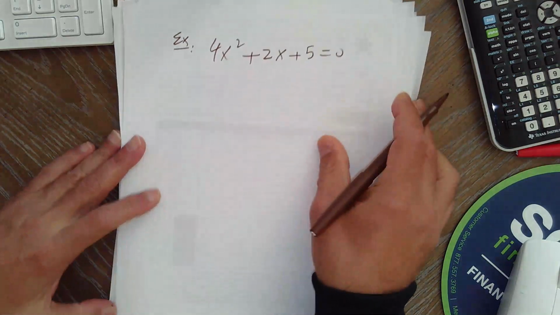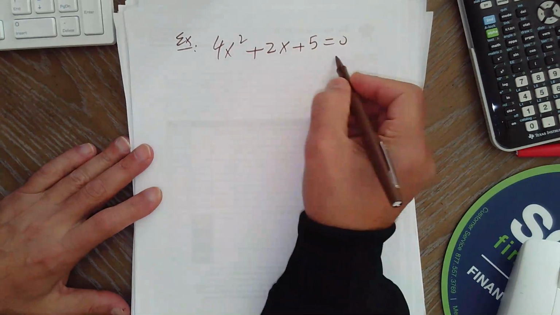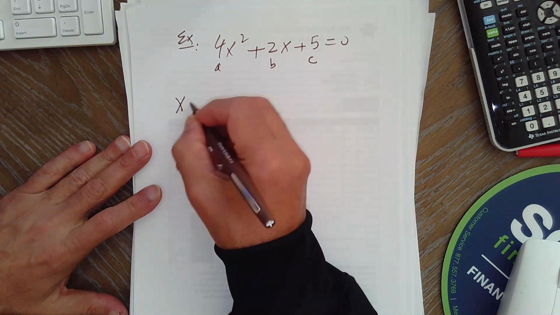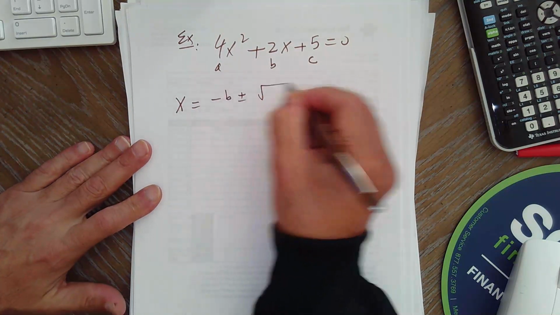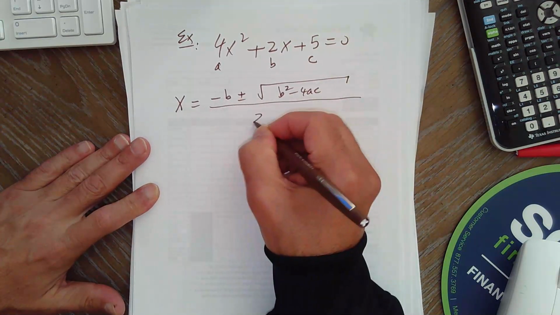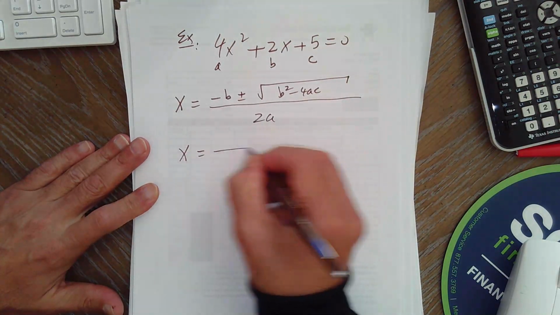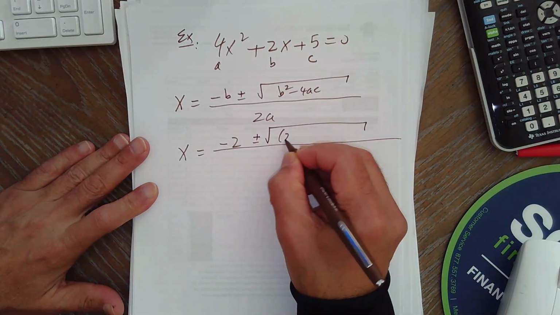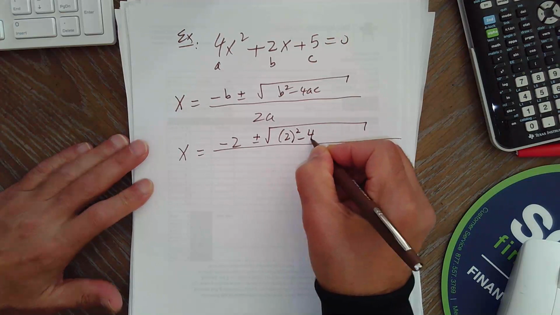Check your notes. So it's in general form, a, b, c. We write the formula. This has to be memorized. B squared minus 4ac all over 2a. B is 2, so that's negative 2 plus or minus square root of 2 squared. The 4 will always be there.